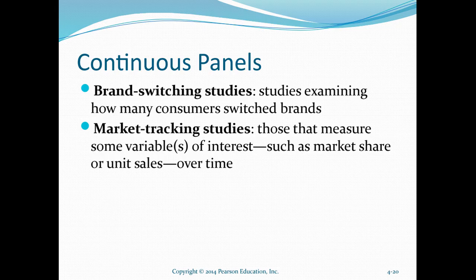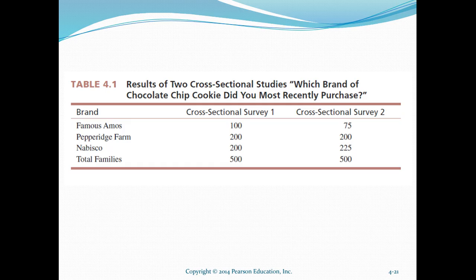See here we have the result of two cross-sectional studies. Which brand of chocolate chip cookie did you most recently purchase? You did a survey, and you have cross-sectional survey 1 and survey 2. In survey 1 we have Famous Amos 800.